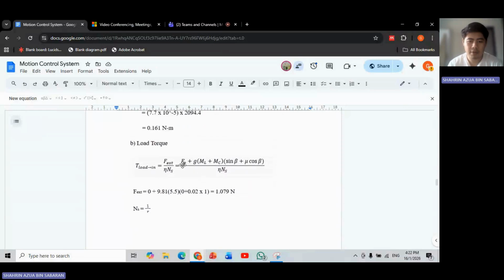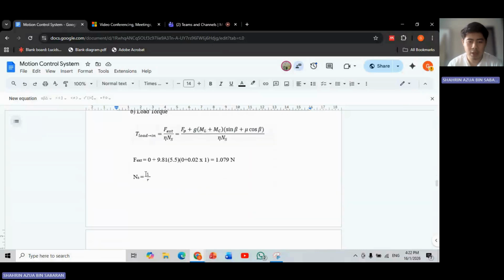The applied force is 0 and gravity is 9.81. ML plus MC is 5.5. Sine of the angle, which is 0, gives 0. The coefficient of friction is 0.02. Cosine of the angle is 1, because cos 0 is 1. When we solve it, we get F_ext as 1.079 Newton.